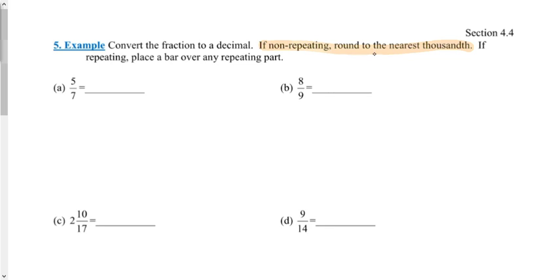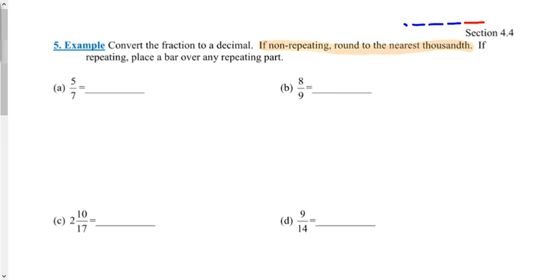Okay, and that's really important because the nearest thousandth would be 3 decimals, but remember we actually have to go out 4 decimal places so that we can round accurately to 3 decimal places. And then if it is a repeating decimal, put the bar over the repeating part. See, all of these are going to be either repeating decimals or they'll be nice terminating decimals.